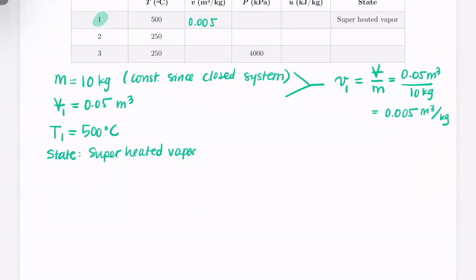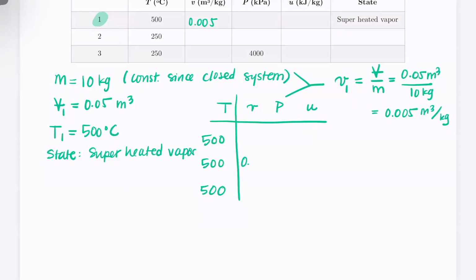So I have temperature, specific volume, pressure, and internal energy. All of these are at a temperature of 500, and the specific volume that we want to get is 0.005. The one slightly above that is 0.005623, and below is 0.003890.